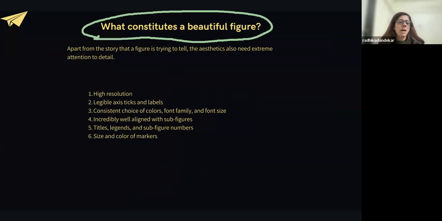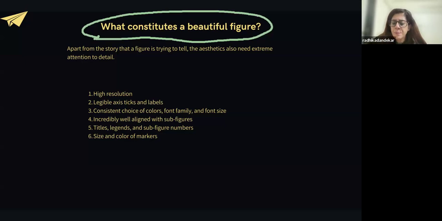Then legible axis text and labels, a consistent choice of colors, font family, and font size, and incredibly well aligned sub figures. I'll give you an example later of what I mean by all these pointers and what constitutes a good figure. It's also very important to have titles, legends, and sub figure numbers, and consistent font sizes.